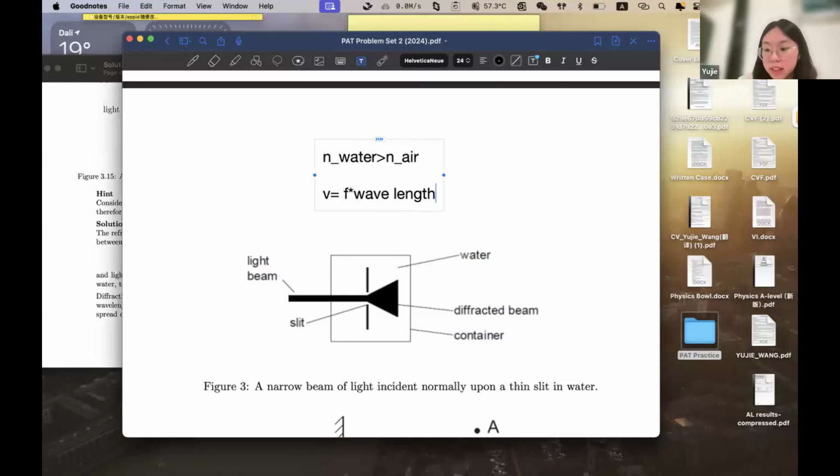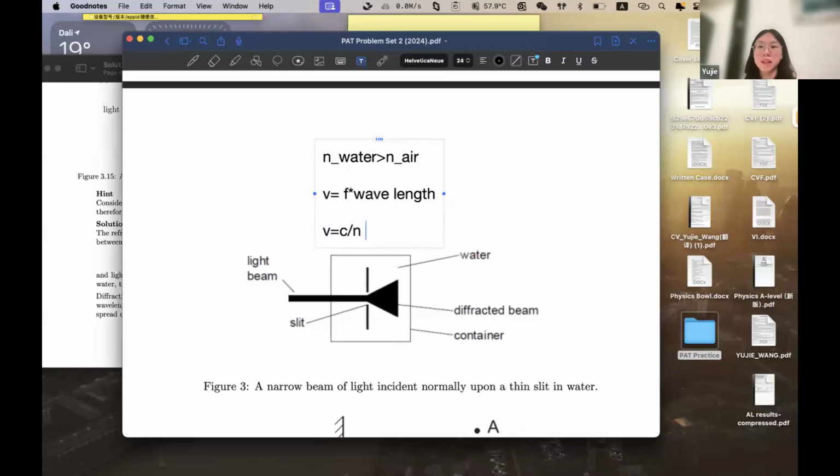The way the wave speed changes with respect to the refractive indices of different media is that the speed of the wave equals the speed of light divided by the refractive index of that medium.